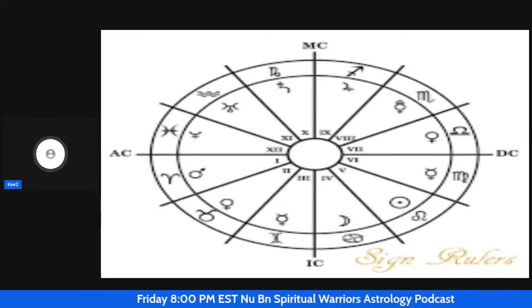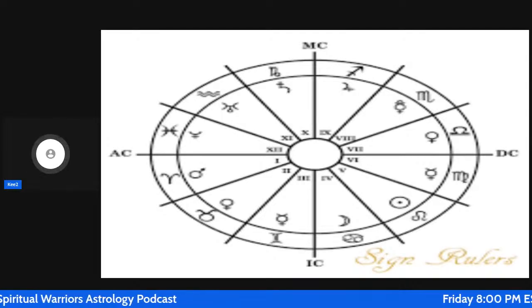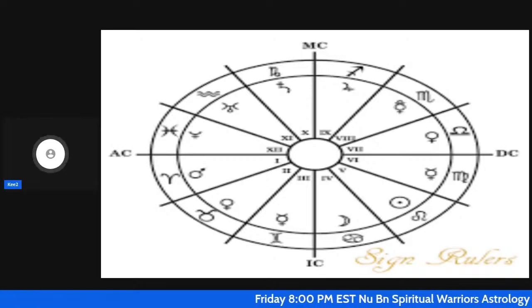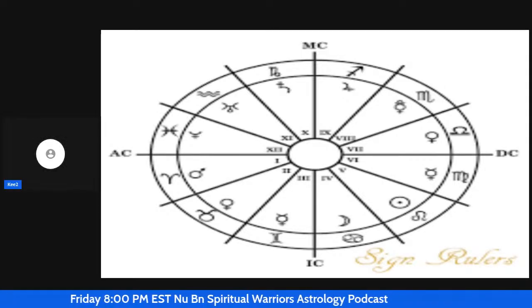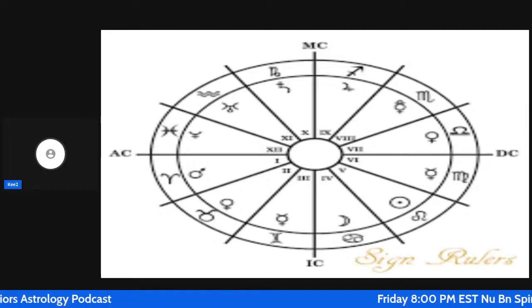Going down to the second house, the planetary symbol for that second house is Venus. And the sign that's associated with that second house is Taurus. Once you know how to put those particular planets and signs in the house, you're well on your way.